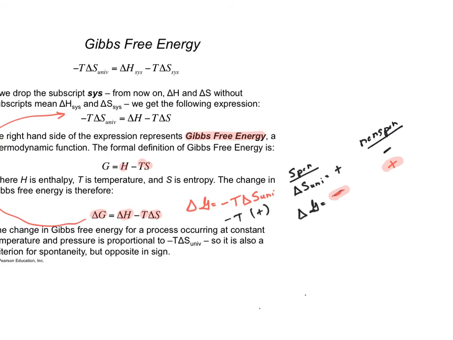Because if we have a delta G that is negative, that means that G final minus G initial, who has to be bigger? Initial, right? So a spontaneous process, which gives us this negative delta G, the initial Gibbs free energy is always going to be higher than the final Gibbs free energy. So Gibbs free energy is our chemical potential energy. We tend towards lowest Gibbs free energy.